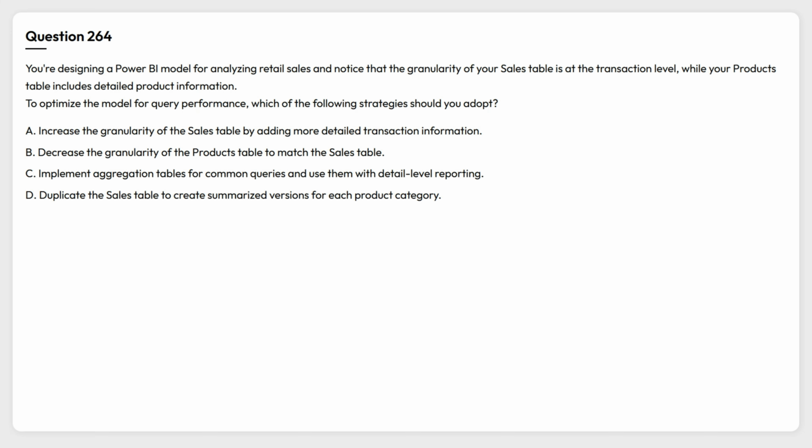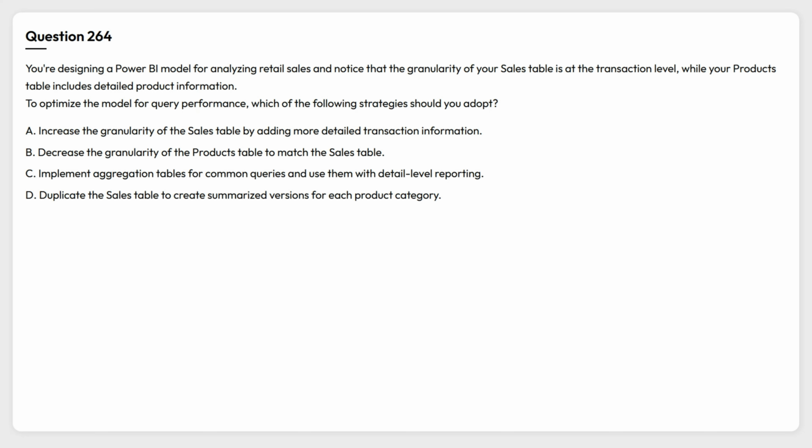To optimize the model for query performance, which of the following strategies should you adopt? Option A. Increase the granularity of the sales table by adding more detailed transaction information. Option B. Decrease the granularity of the products table to match the sales table.